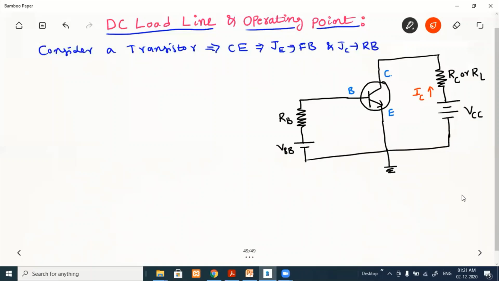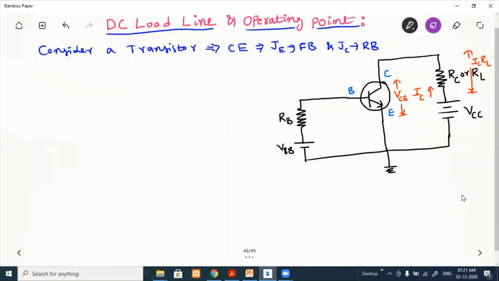That drop we can represent as IC into RL or RC. In VCC, some voltage is dropped across RC and the remaining voltage will appear across the transistor, that we are representing as VCE. In CE configuration, we call it the output voltage.